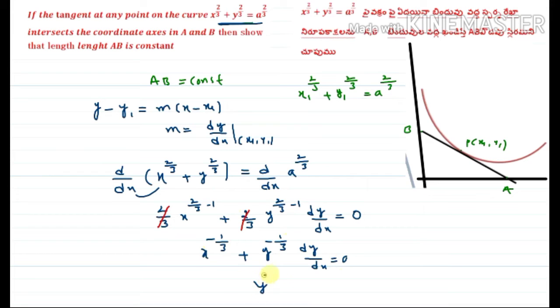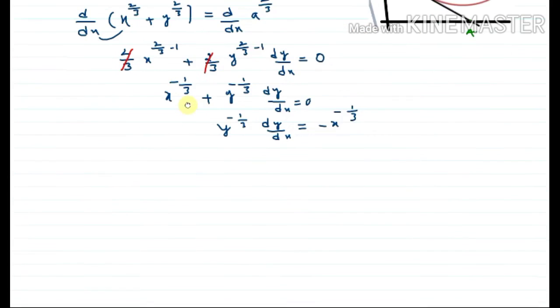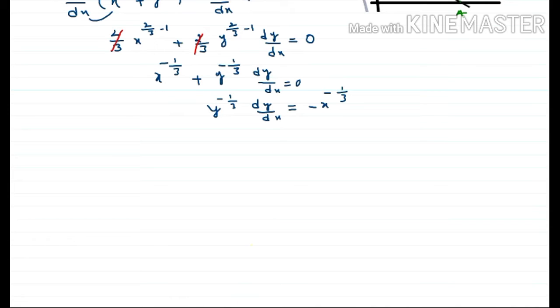Now y to the power of minus 1 by 3 into dy by dx is equal to minus x to the power of minus 1 by 3. So dy by dx is equal to minus x to the power of minus 1 by 3 divided by y to the power of minus 1 by 3. Bring this term to the denominator and this term to the numerator.